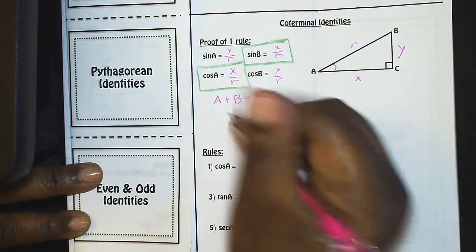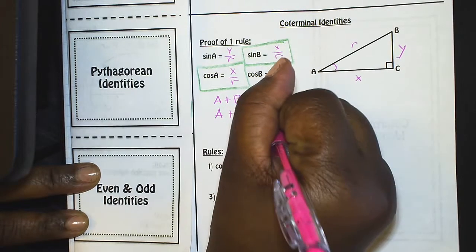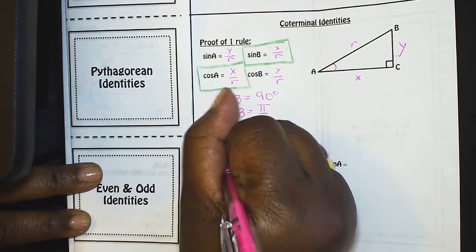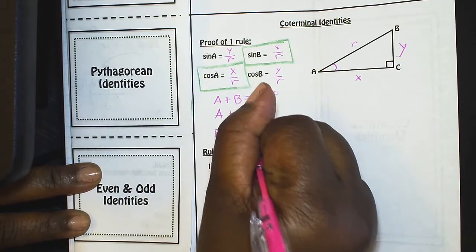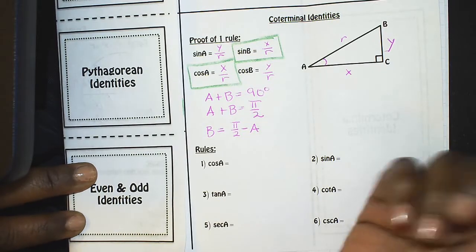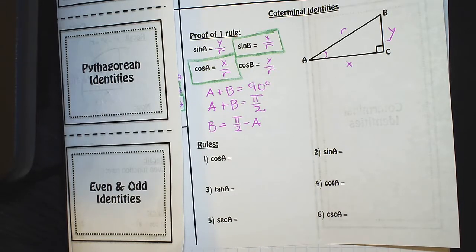90 degrees can be written as pi over 2. So we know that B would be equal to pi over 2 minus A. And so basically what we're doing is just rewriting some of the statements to come up with some coterminal identity rules.